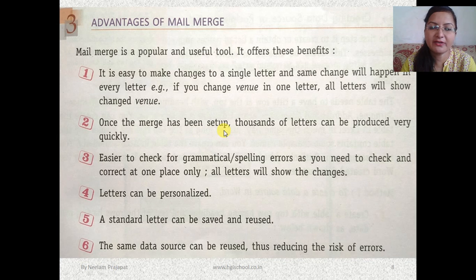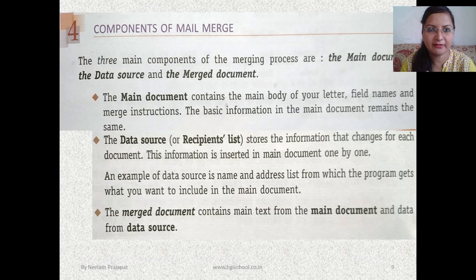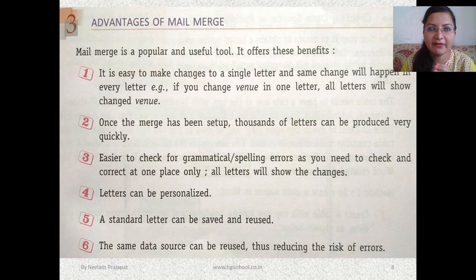Once the merge has been set up, once we have merged both the main document and the data source. The main document is the letter that we have to send to everyone, and the data source is the place where you are saving all your friends' details, like your friend's name, address, contact number, etc. And then after that we will merge both.